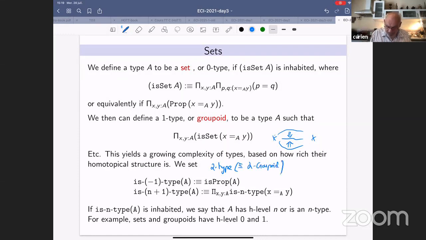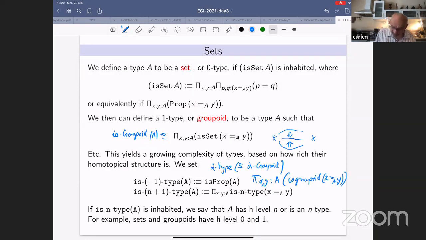It is a type such that for all x, y in A, the type x equals y is a groupoid.